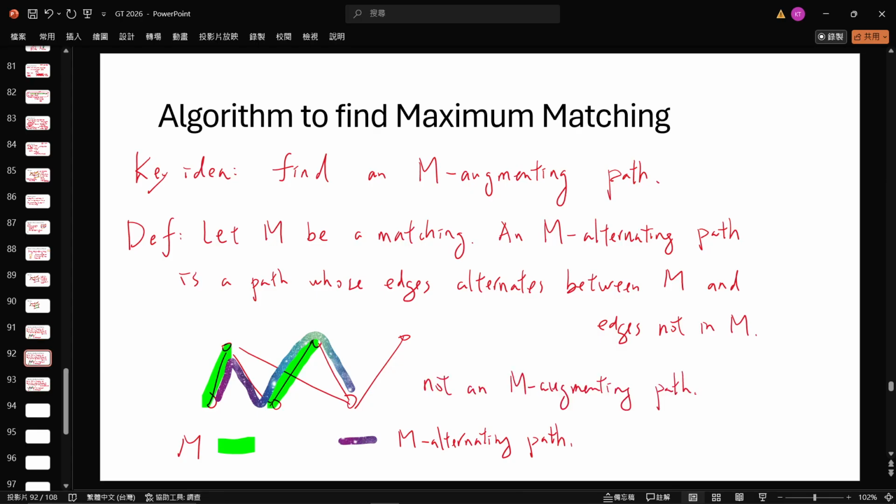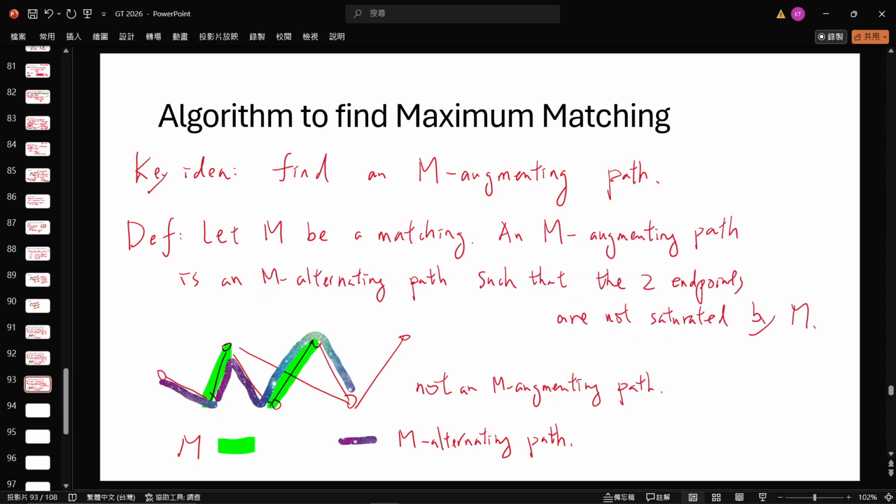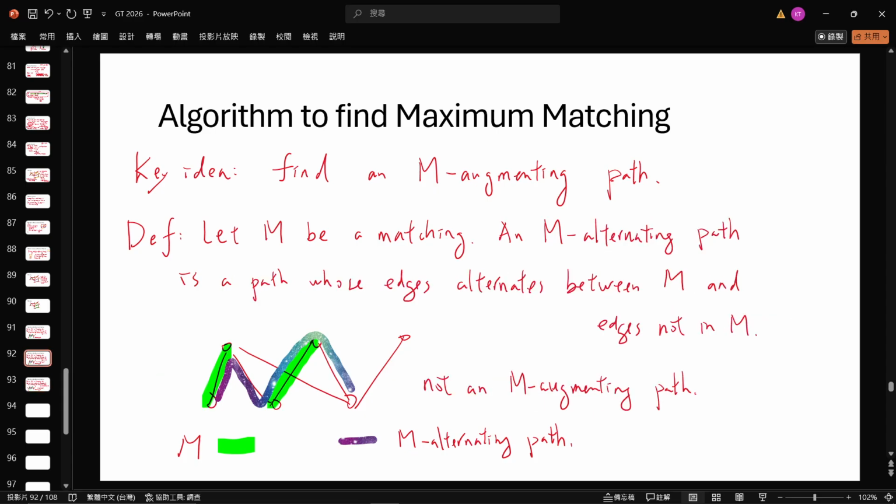Okay, so this is an augmenting path. Well, this is not an augmenting path.